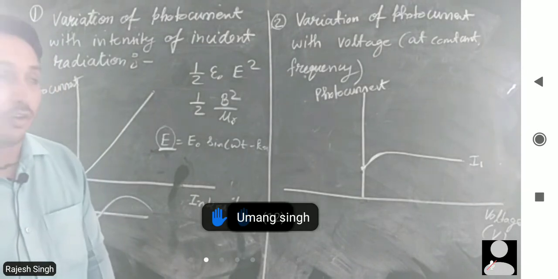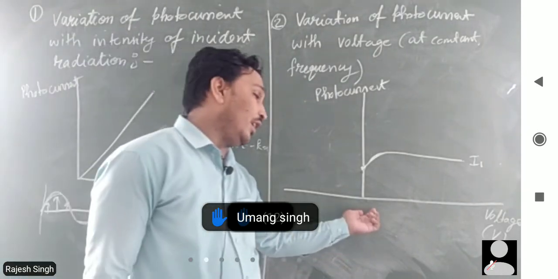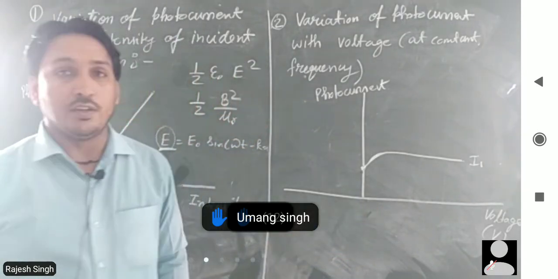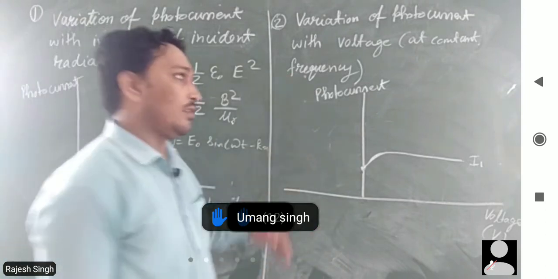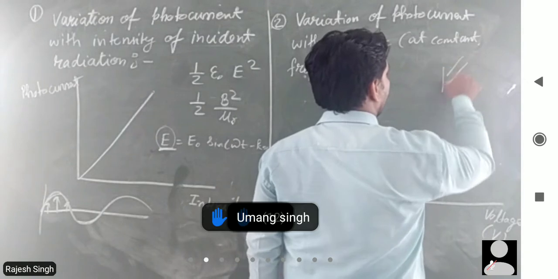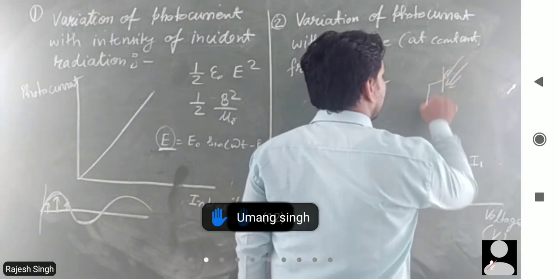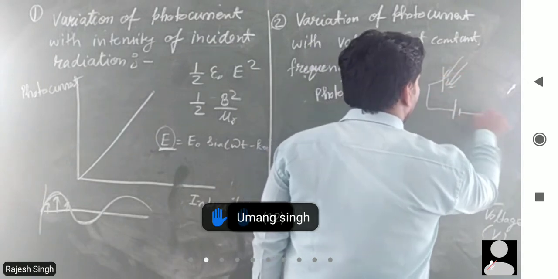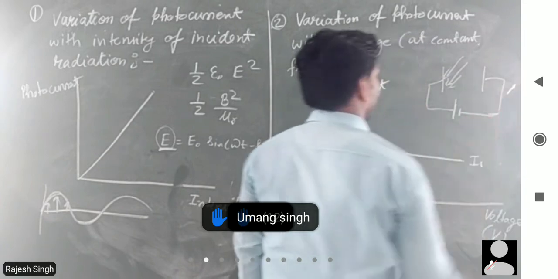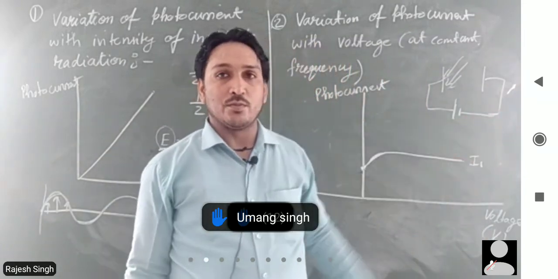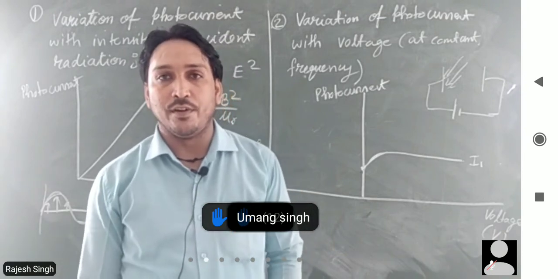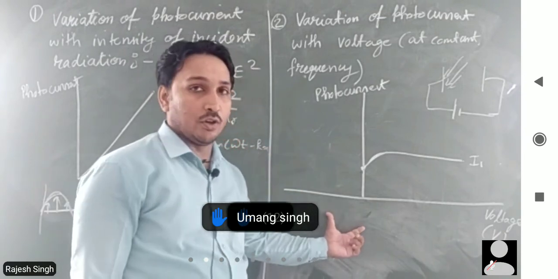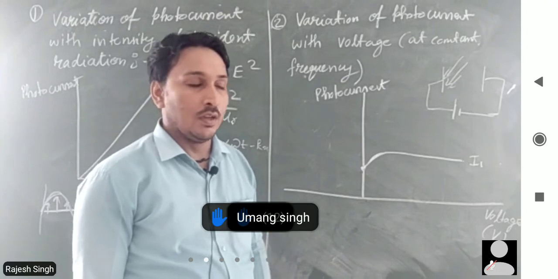Now what we have done is increase the voltage in reverse order. The zinc plate was the one on which the radiation was falling. So we keep the zinc plate at the positive terminal and the other plate as the negative terminal, and we change the potential divider circuit.